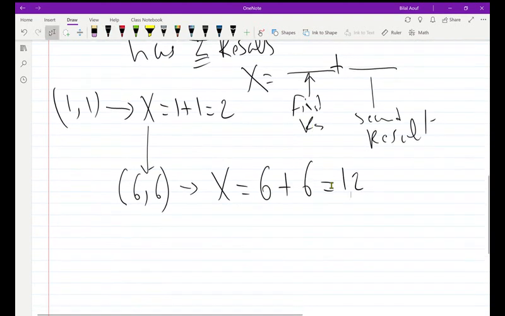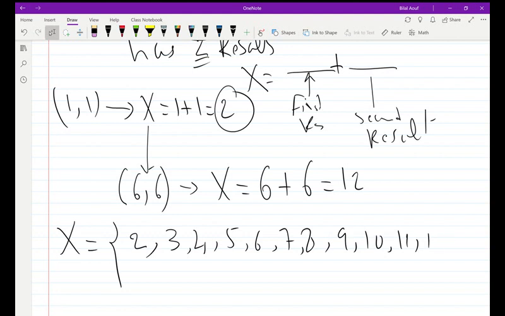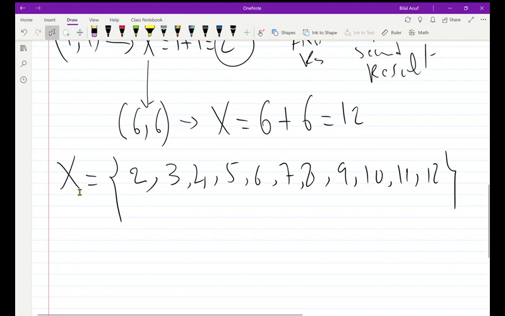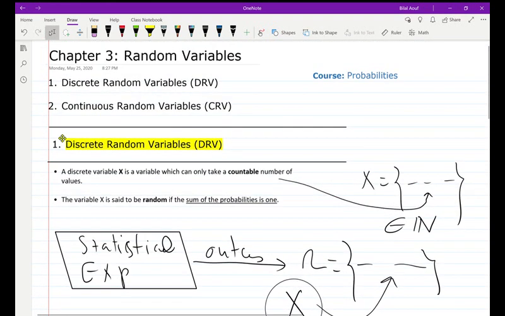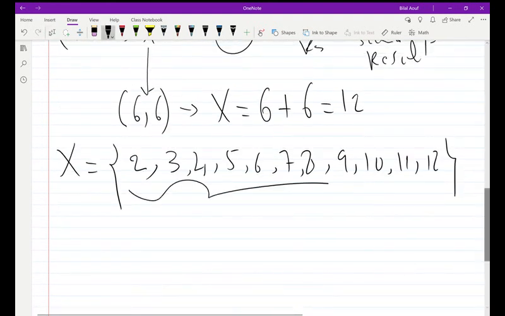Then we conclude that all values of X start from 2 and end at 12, and all the values between them: 3, 4, 5, 6, 7, 8, 9, 10, 11, 12. So all the members of X are numbers. Since it's a discrete random variable, all the values belong to set N.